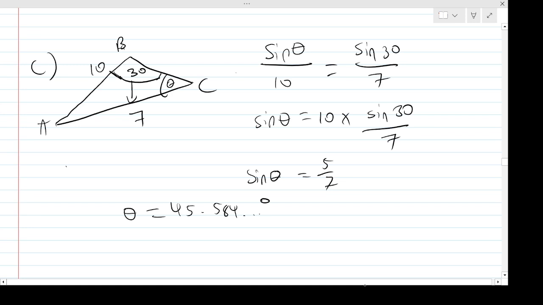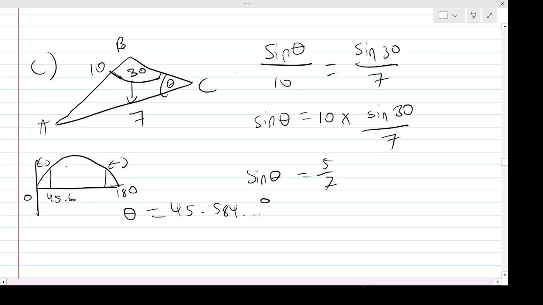So the other solution, again, if it helps, I can draw the sine graph to visualise what I need to do. So between 0 and 180. So the first solution is 45, it's roughly, so it's going to be about, say, there. 45.6. So then the other solution is going to be there, right? So then again, I'm going to utilise that the gaps are sort of equal between both ends, right?